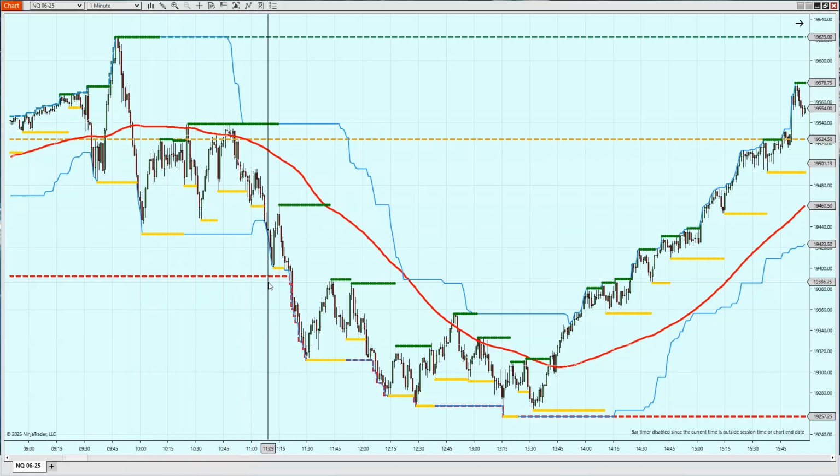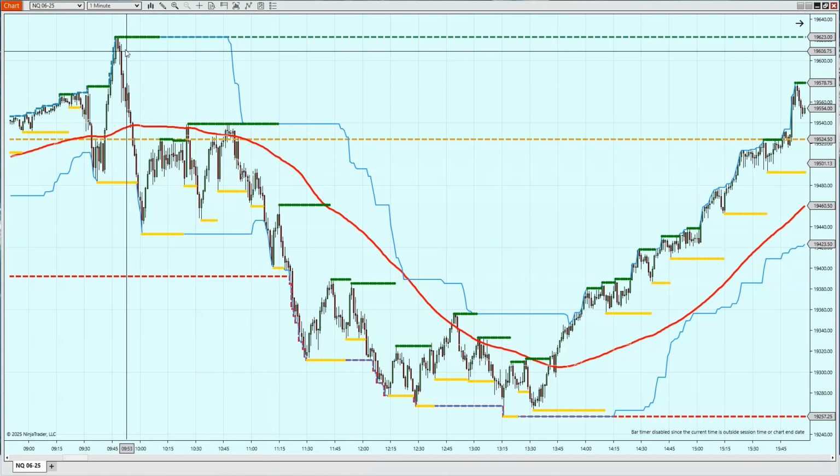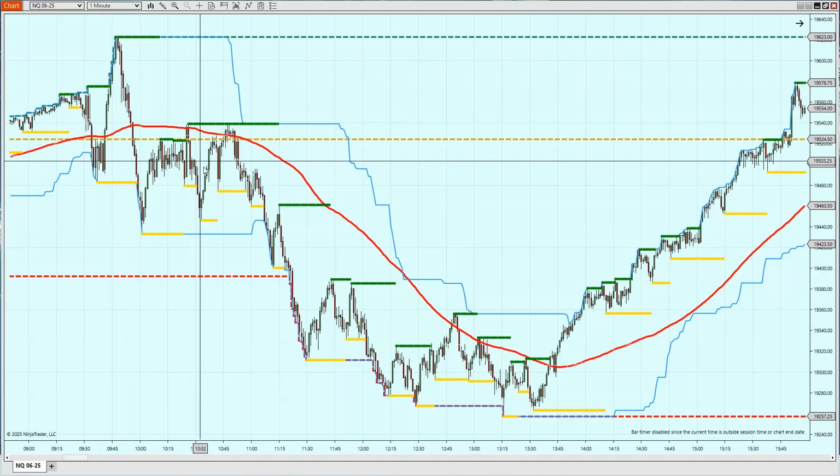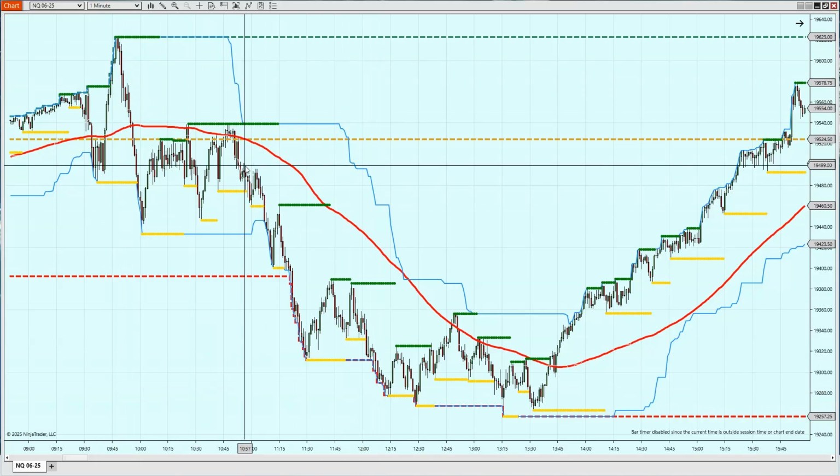Now this is a perfect example of the market just being manipulated for the day. We're up here when the market opens, and then we're down here an hour into it.